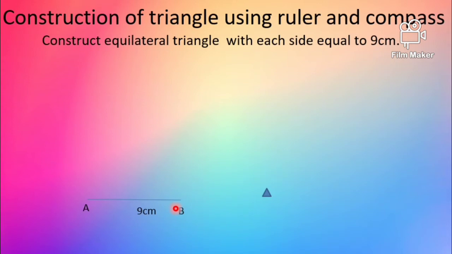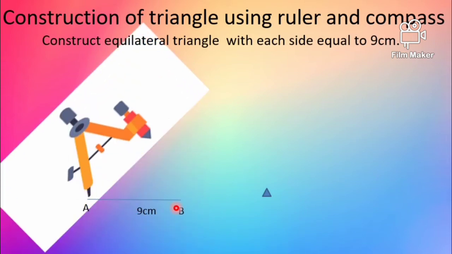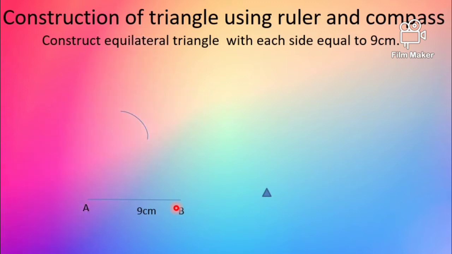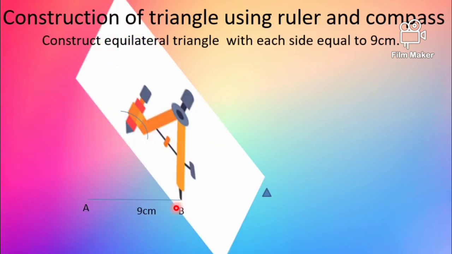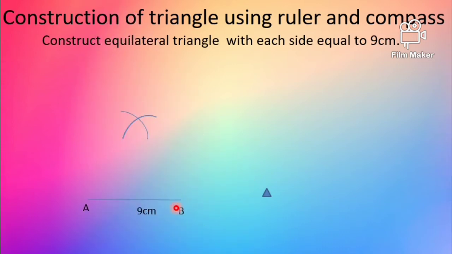Then A as a center, we will place our compass at point A and draw an arc of 9 cm. Then B as a center, draw another arc of 9 cm which intersects the previous arc at point C.